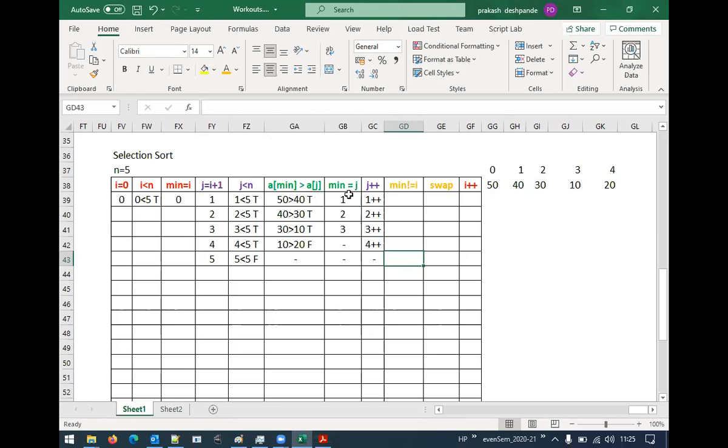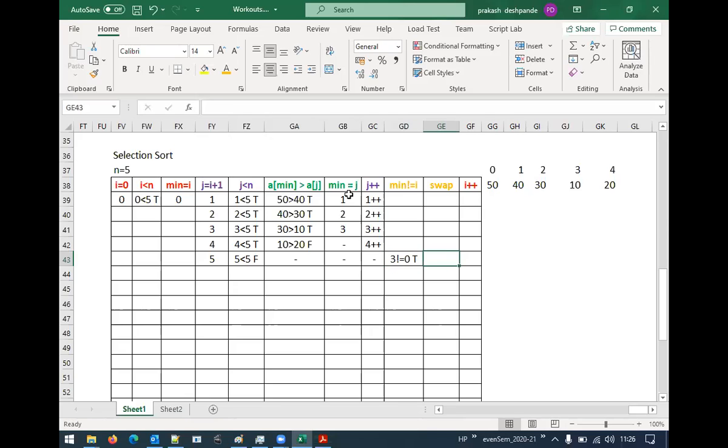Min not equal to I. What is the min value? 3. 3 not equal to I. What is the I value? 0. The I value is 0, right? Now, is this condition true or false? 3 is not equal to 0. The condition is true.